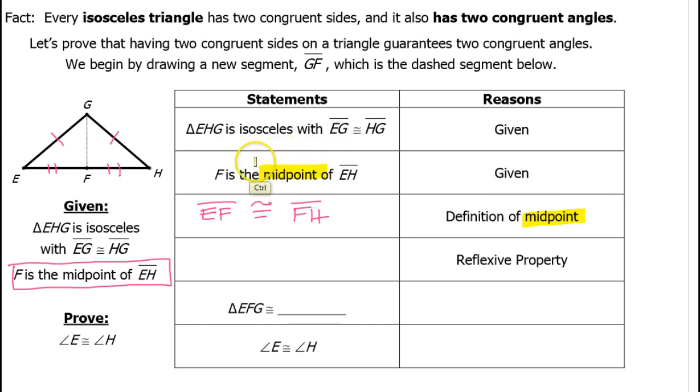If this statement says something about a bisector, then it's going to be definition of segment bisector or angle bisector. These have to match. So never look at midpoint and then say segment bisector. They are closely related, but they are not the same thing.